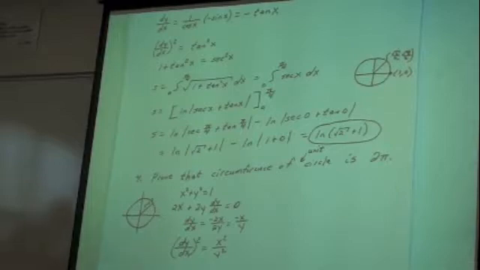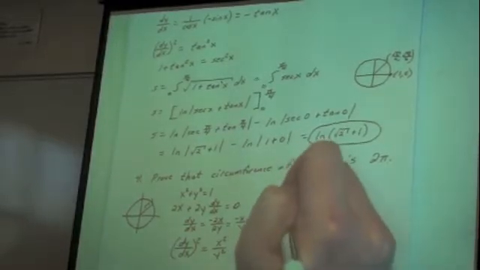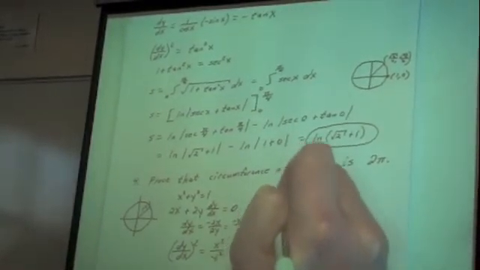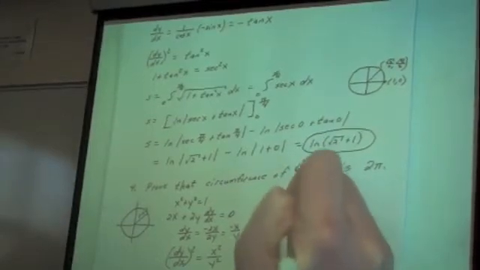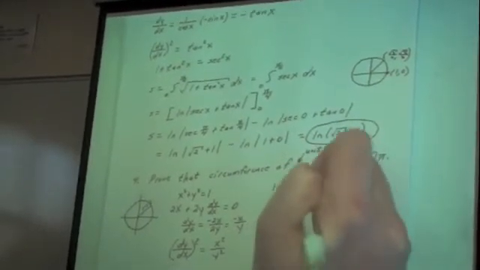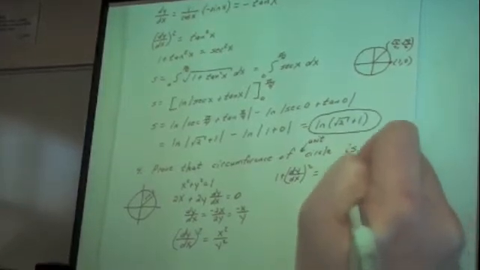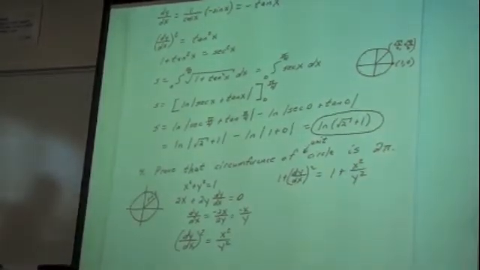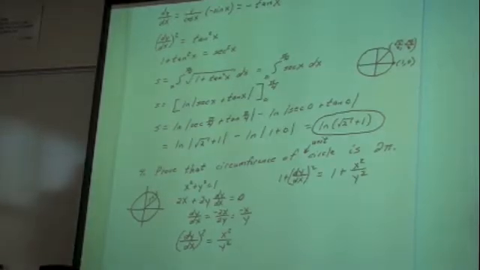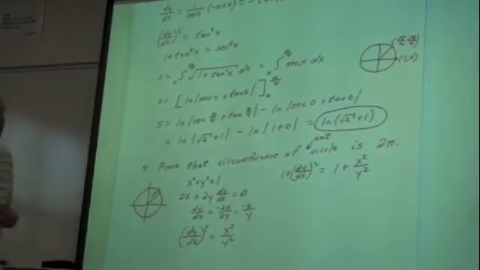So I know the part inside of that square root is going to be 1 plus dy dx quantity squared. That's going to give me 1 plus x squared over y squared. I'm just trying to tamper with this to remove the y squared.